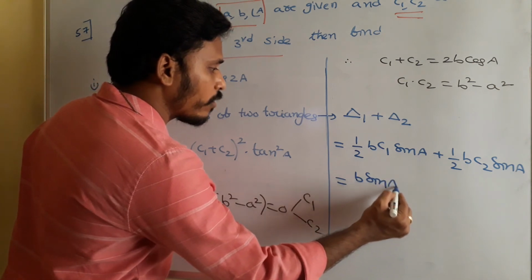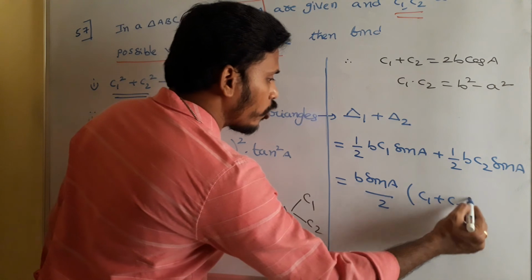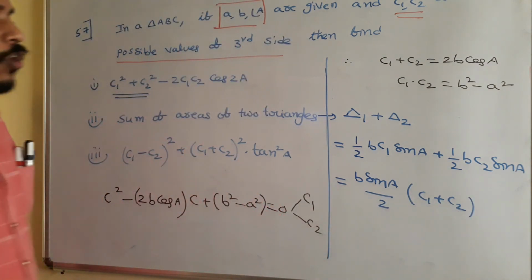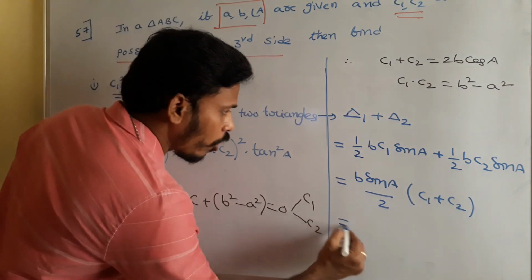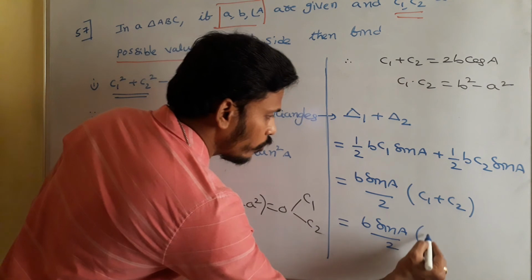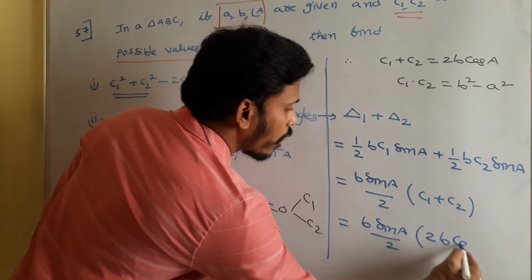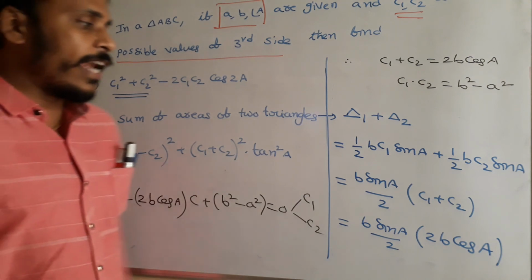If you take out B sin A by 2, what are you left with? C1 plus C2. And we know C1 plus C2 is 2B cos A. Replace it with 2B cos A. So B sin A by 2 into 2B cos A.